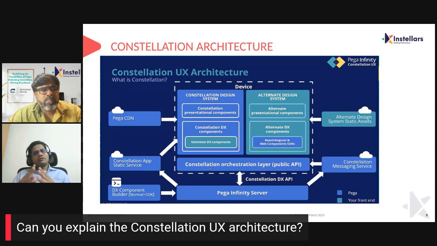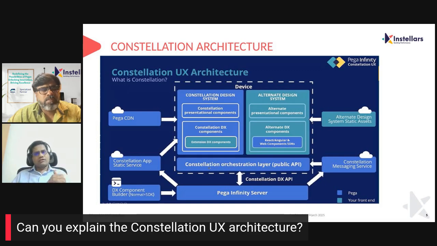It's built on RESTful architecture with JSON, and it uses OAuth for security. As I mentioned, it works in a stateless way, so it helps to scale and is easy to integrate. So that is about the Constellation DX API.